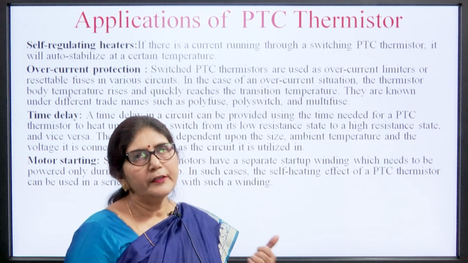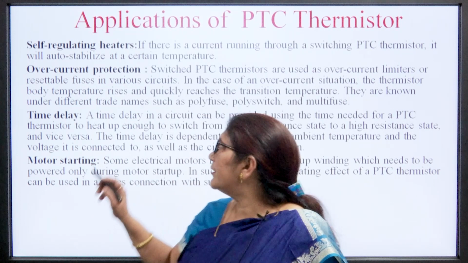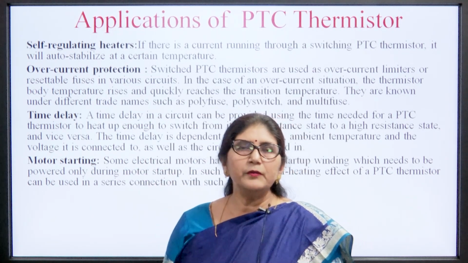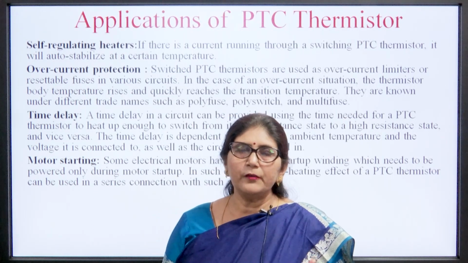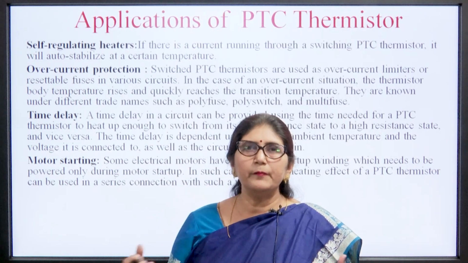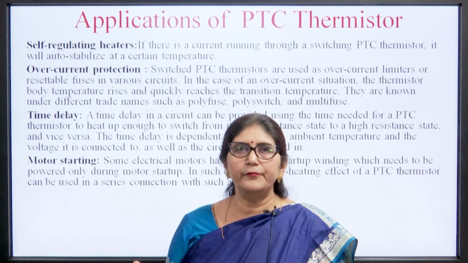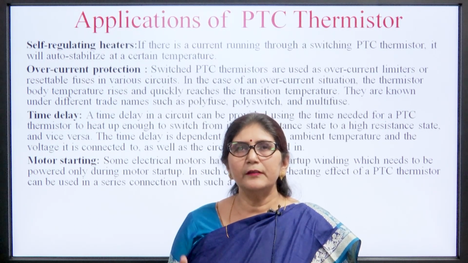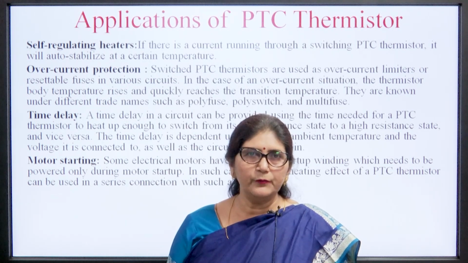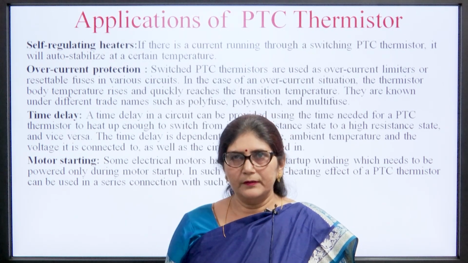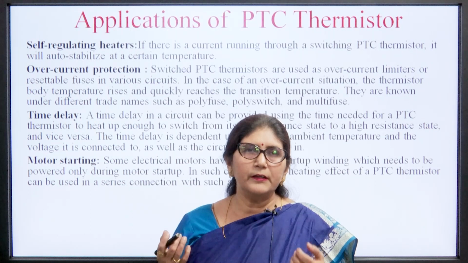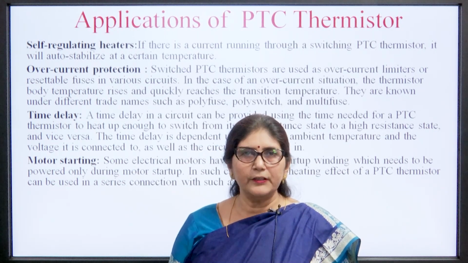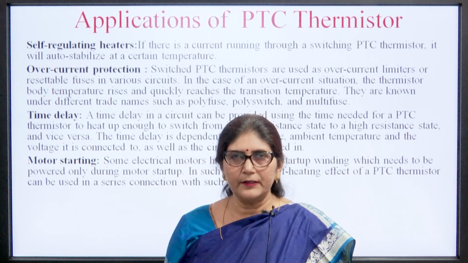Then second is overcurrent protection. In overcurrent protection, we are using switching PTC for many purposes, because switching PTC has a very wide range of change in resistance. The switching PTC thermistors are used for overcurrent protection and for resettable fuses. In an overcurrent situation, the thermistor body temperature rises.